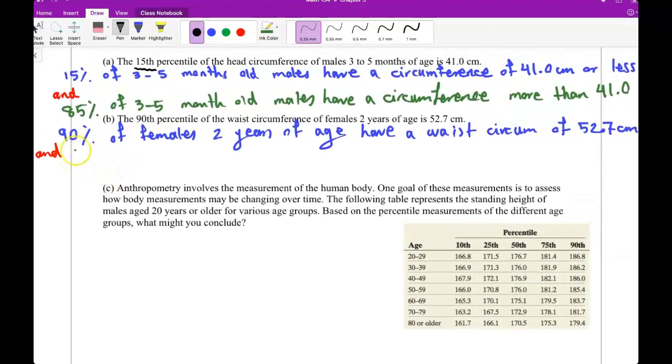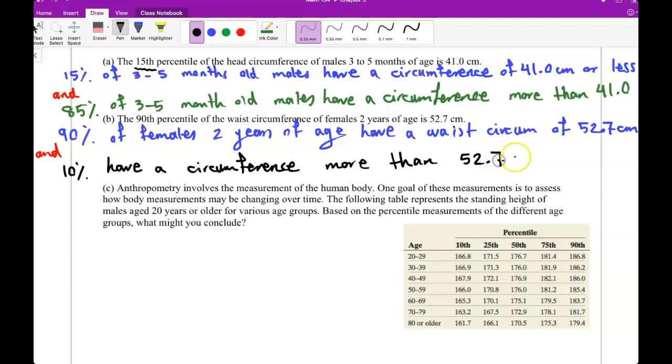So when it's given, you're going to write less, and when you want to find the percentile for the other side, meaning you subtract that number from 100, now here we're going to use more. So it's more than 52.7.